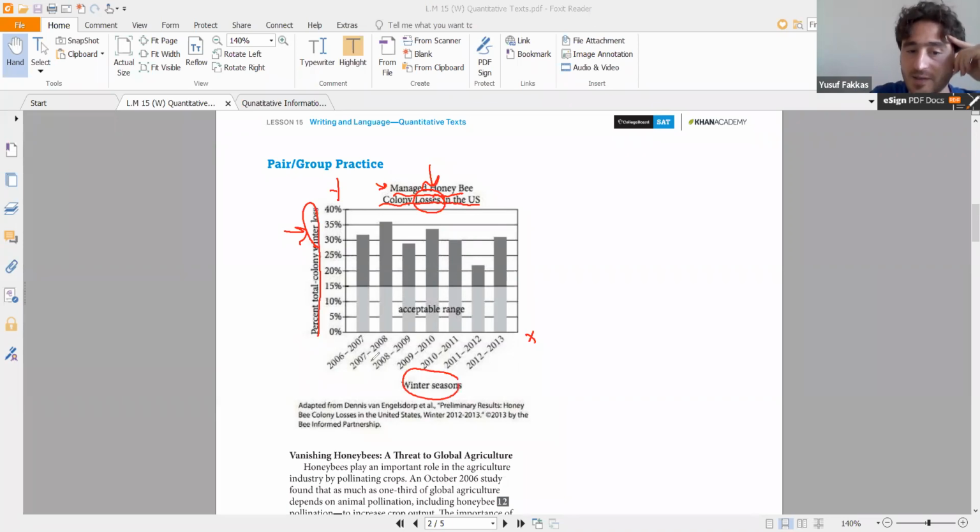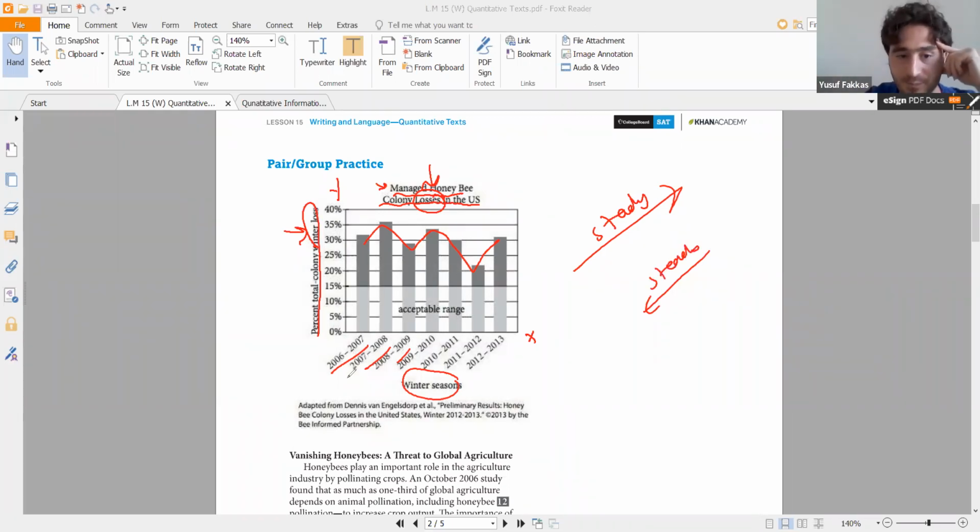What do I have on the X? I have the winter seasons, years, 2006-7, 7-8, 8-9, etc. What about the data? As you can see, the data here shows us that the death rates are going up and down. There isn't a steady, which means constant, continuous increase, or a steady decrease. Sometimes it's up, sometimes it's down.